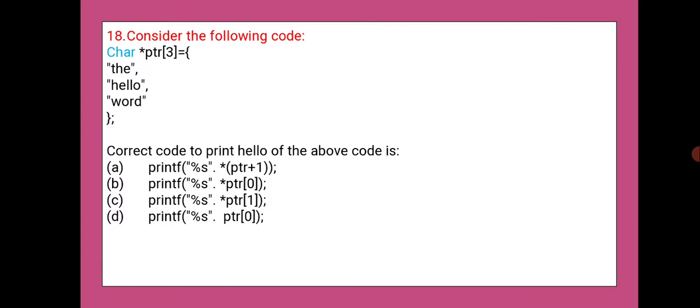See, if ptr of 1 is the element hello, so obviously the first one, printf %s of ptr plus 1 will print hello for us. With that, you can easily print hello.